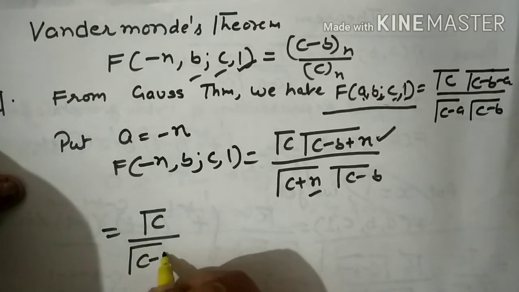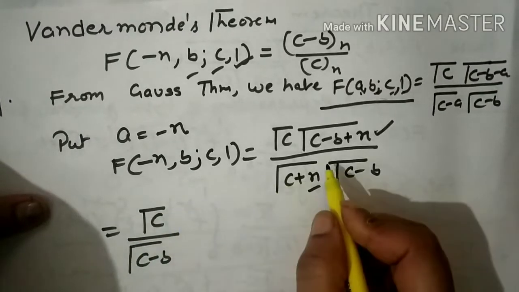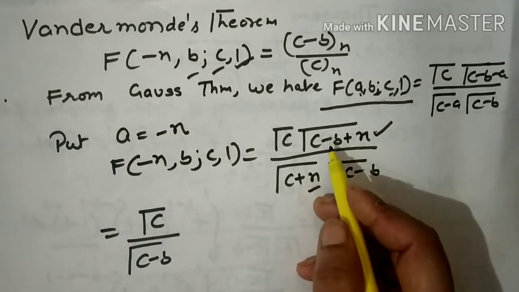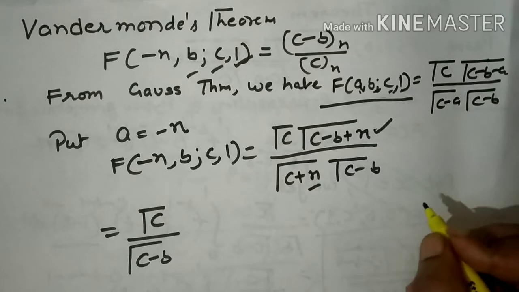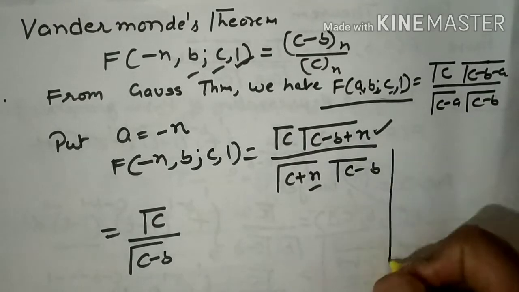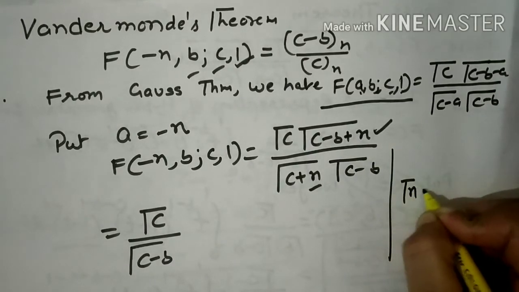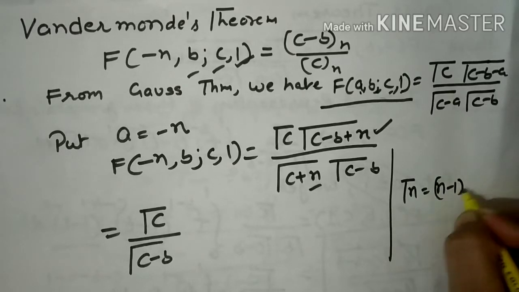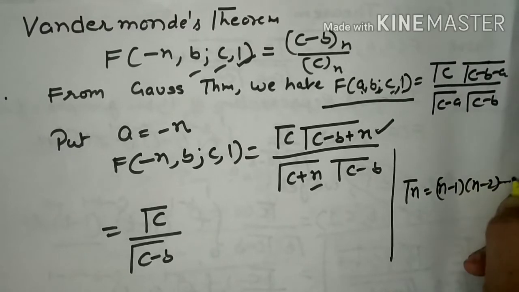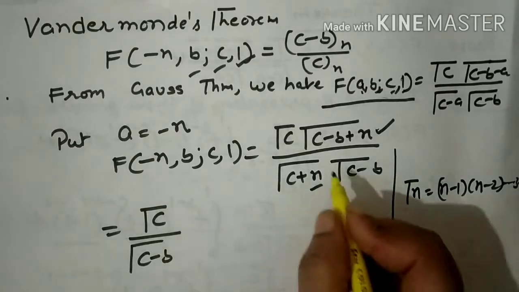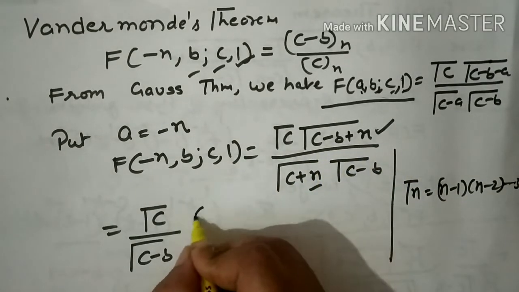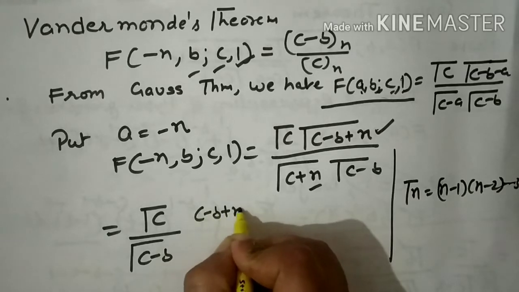Now we expand this using the formula of the gamma function. We know that gamma of n is (n minus 1)(n minus 2) and so on, 3, 2, 1, if n is an integer. So similarly we expand this. We will have c minus b plus n minus 1.